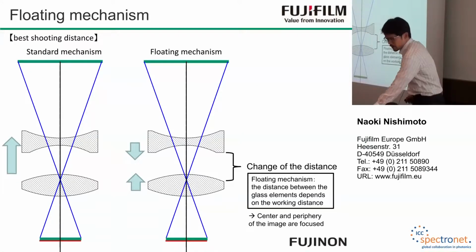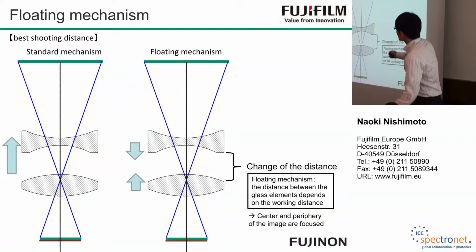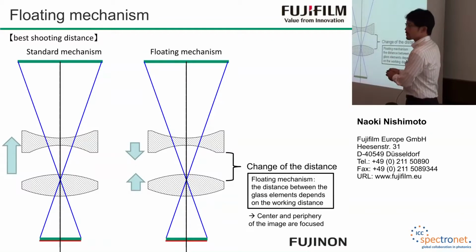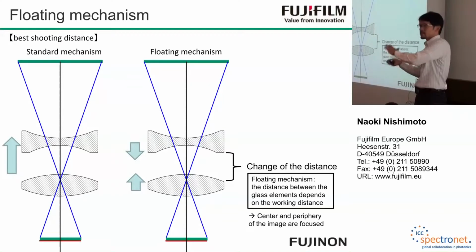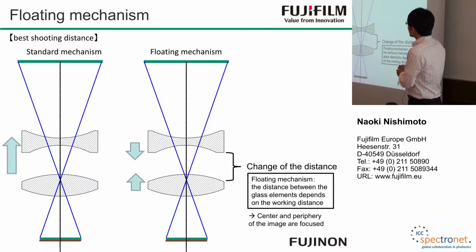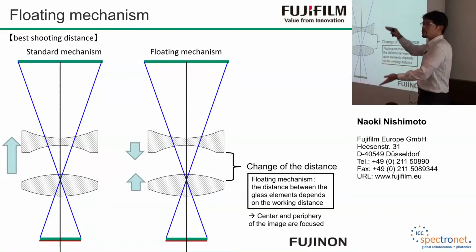When the object moves, we need to refocus. In a standard lens, it moves lens groups together, in the same direction, the same distance. On the other hand, a floating lens moves lens groups separately, in different ways.